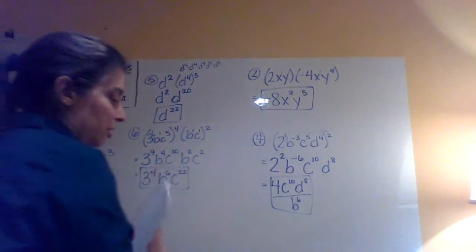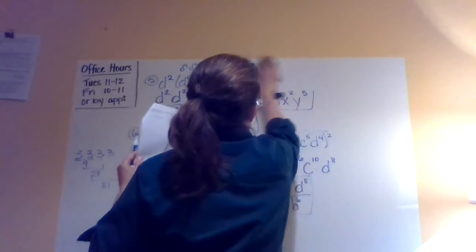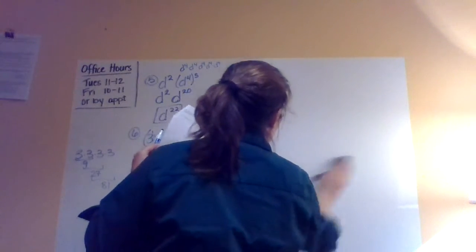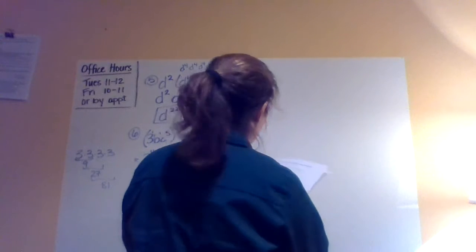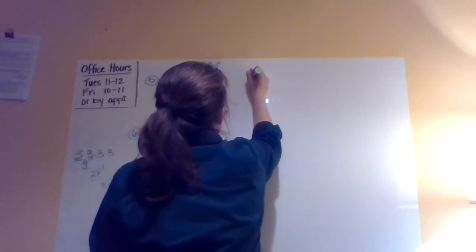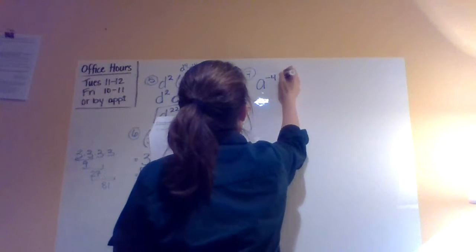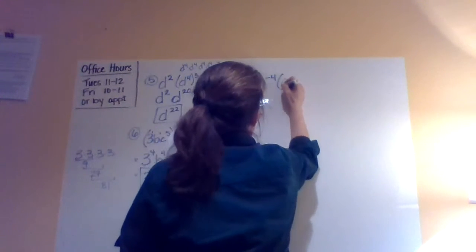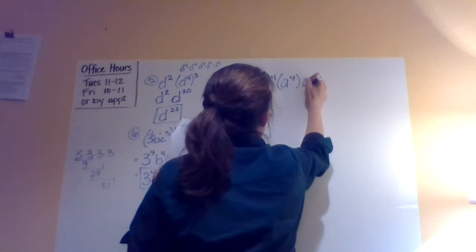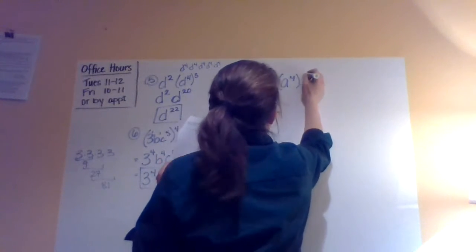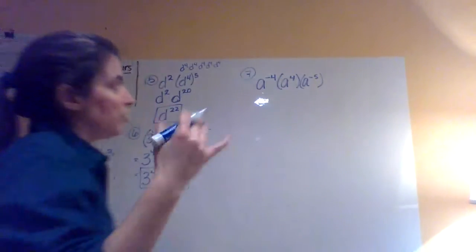Okay, number 7. So these on this page aren't too bad, right? We're kind of just working a little bit at a time, 1 or 2 rules at a time. So 7 says a to the negative fourth, a to the fourth, a to the negative fifth. Okay, so notice none of these are being raised to a power.